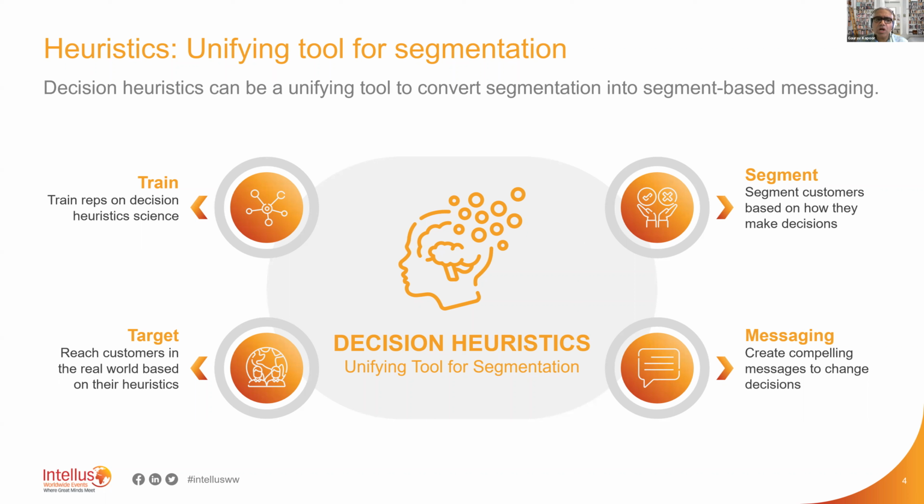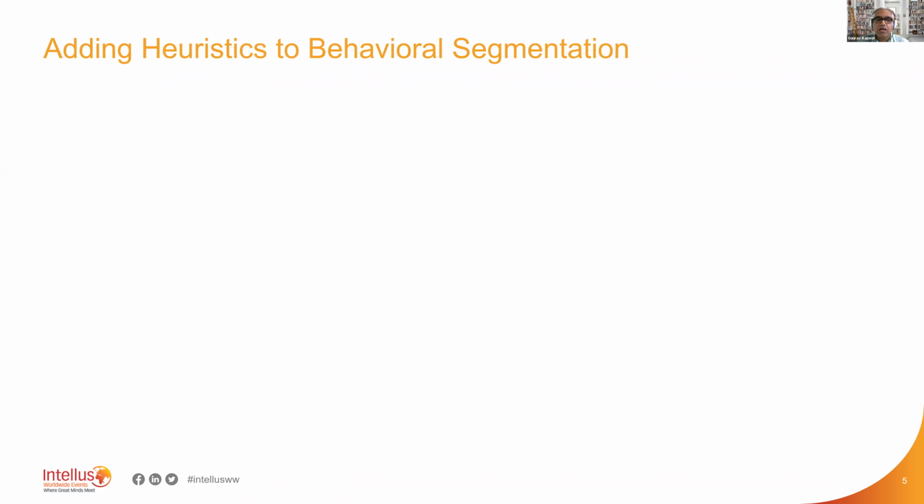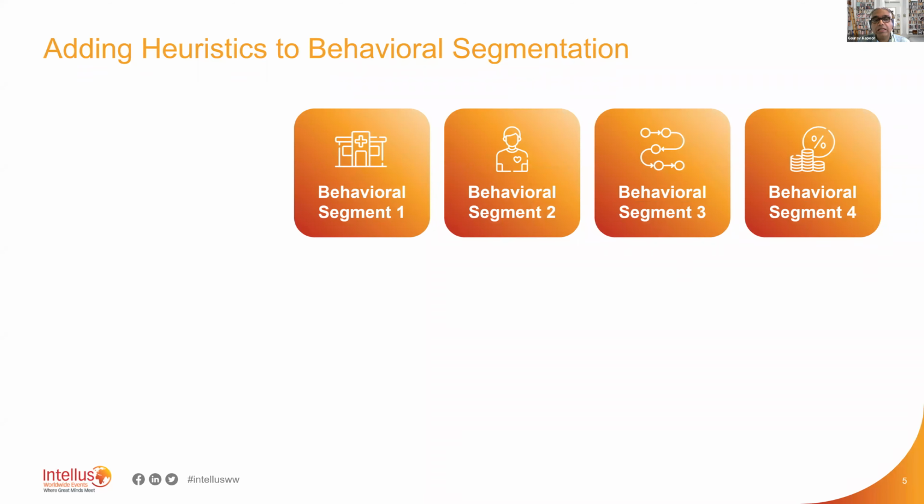So let's dive into how we actually use this unifying tool to go from segmentation to segment-based messaging. You don't have to start from scratch. You could literally augment your segmentation with the heuristics information. A lot of times people already have a behavioral segmentation, which was created using some kind of secondary behavioral data.